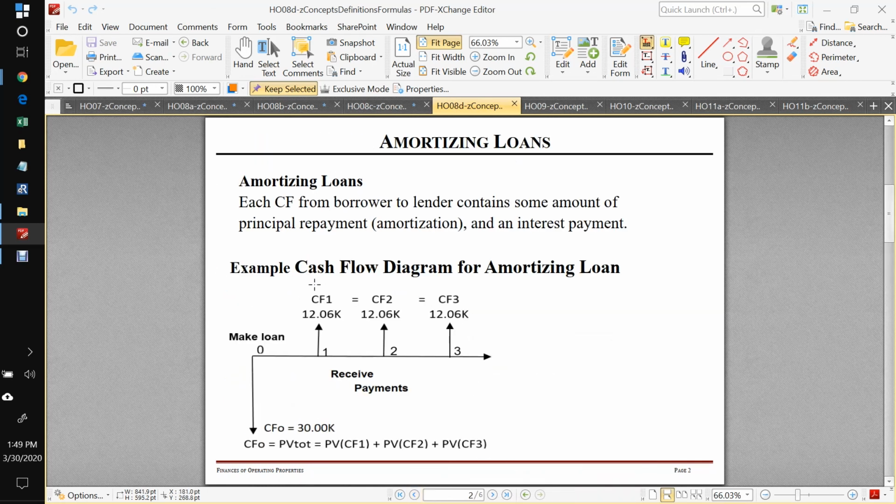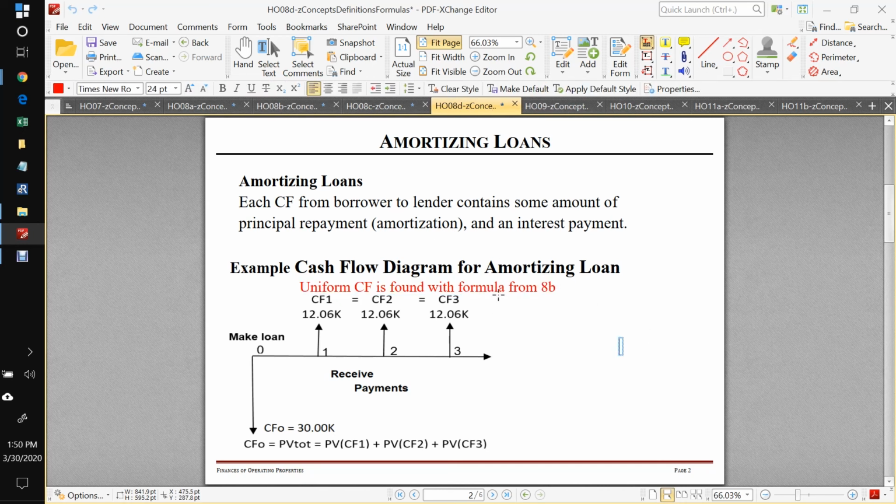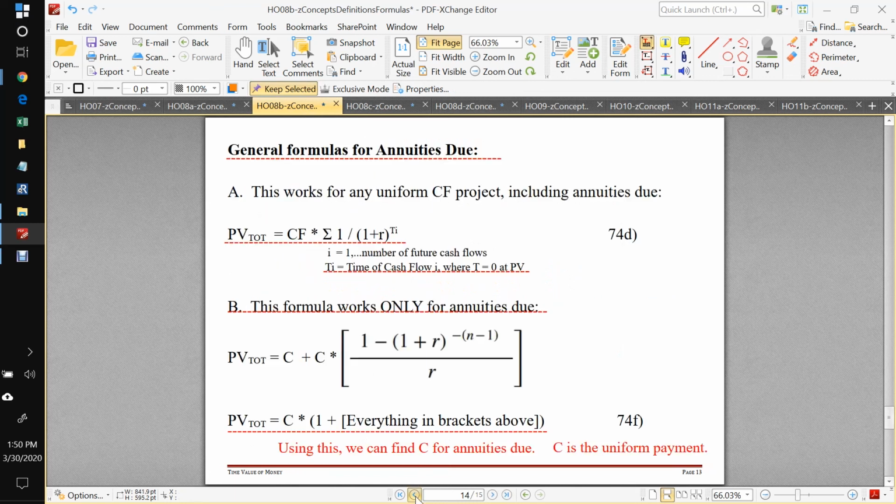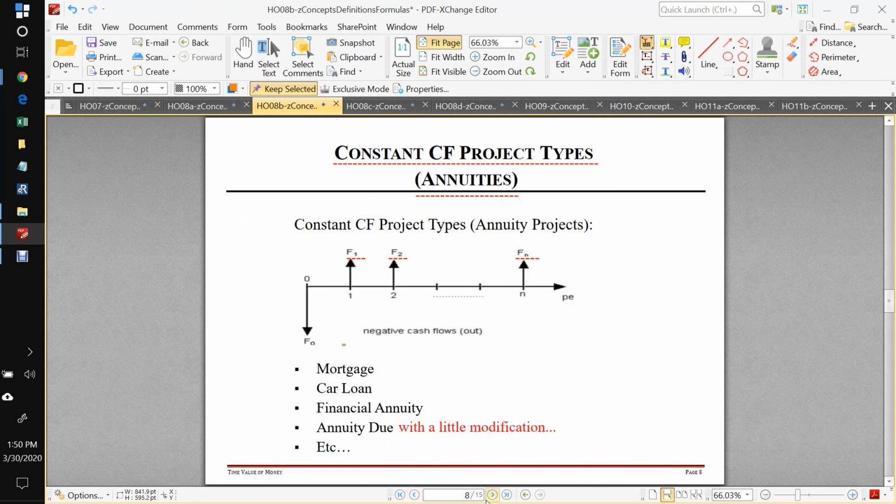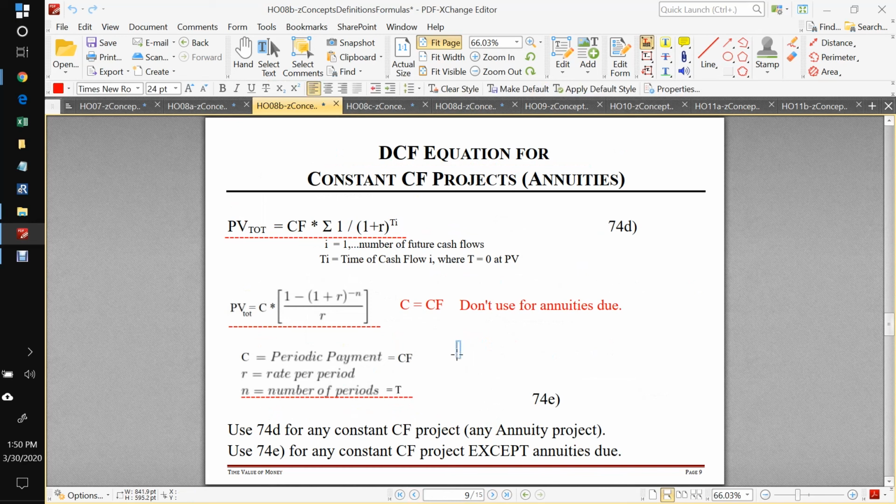The key thing to remember here is that the uniform cash flow is still going to be found with our formulas from 8B. Nothing changes here. So let me just go back to 8B for a second and find our formula for this.